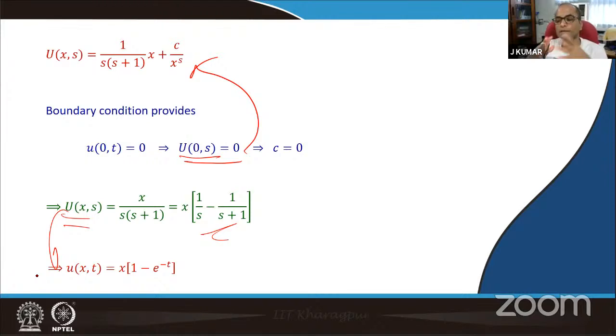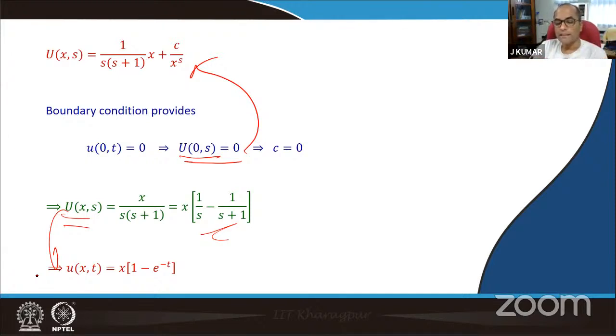The idea is that whether it's a partial differential equation, an ordinary differential equation, an integral differential equation, or an integral equation, whatever type of equation it is, we just need to apply the Laplace transform and use the appropriate initial and boundary conditions.